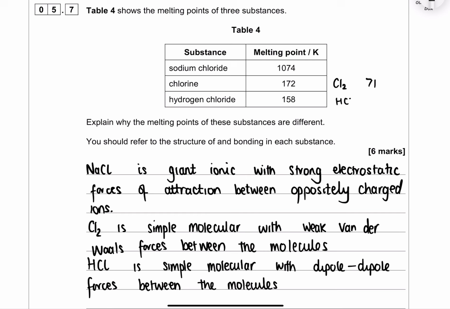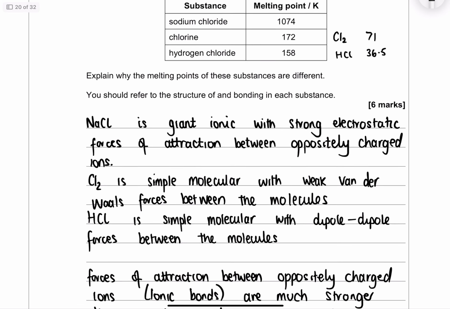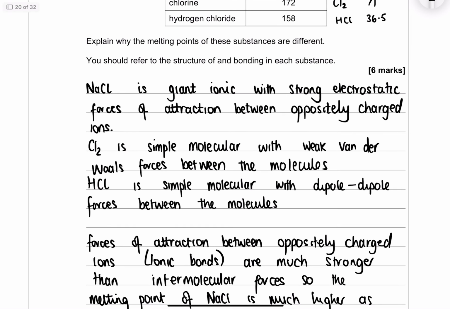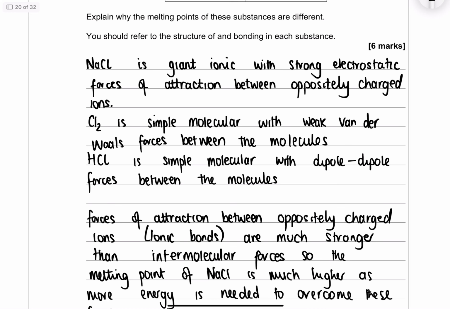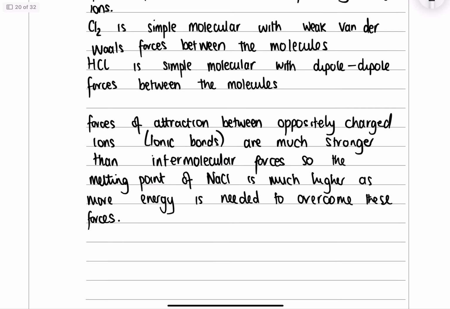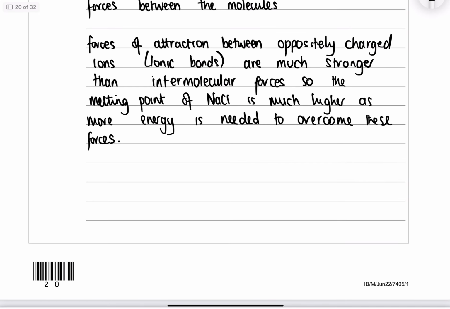Whereas HCl is an H and a Cl, so 36.5. The Mr of chlorine is much greater, and therefore chlorine has more electrons than HCl and has stronger van der Waals between the molecules than the dipole-dipoles are between the HCl molecules.